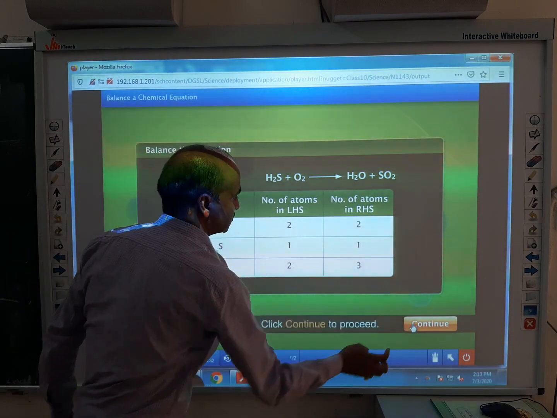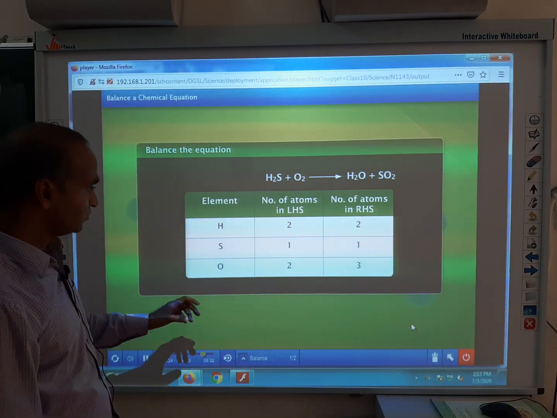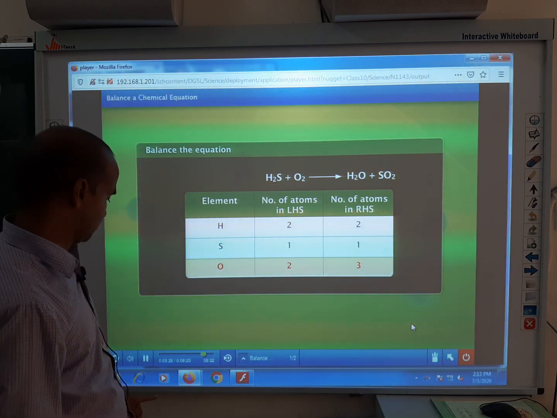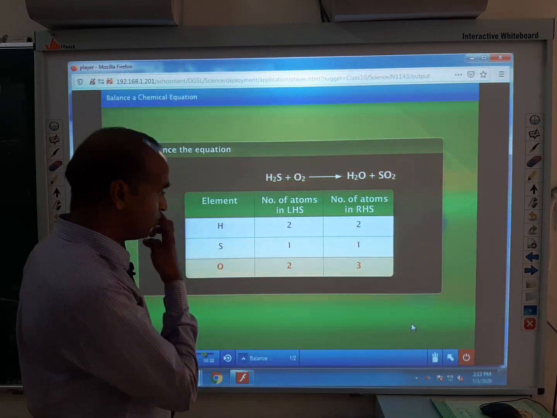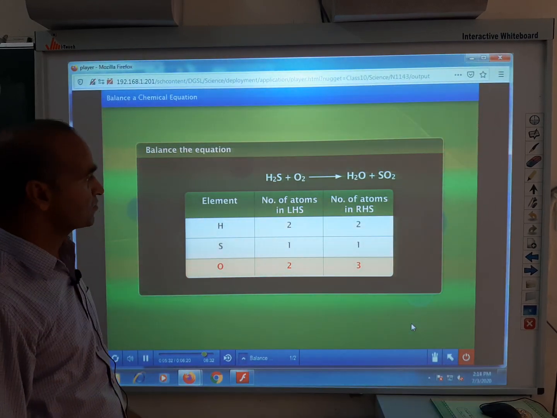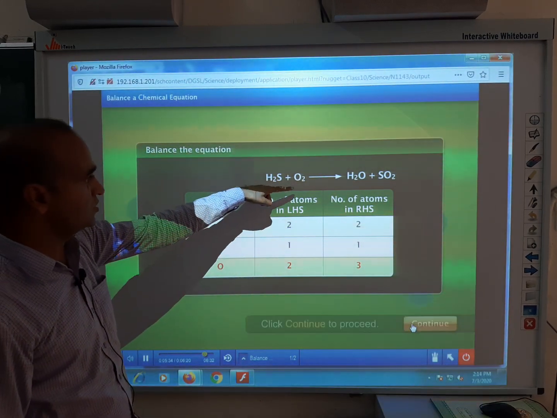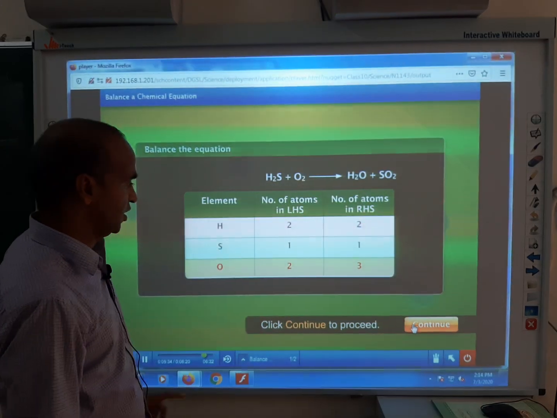We move to the next step, then balance the oxygen molecules. In the next step, balance the oxygen molecule. How do we balance the oxygen molecule? Now you see oxygen is 2 and oxygen is 3.